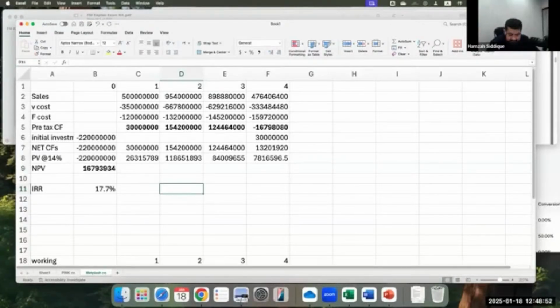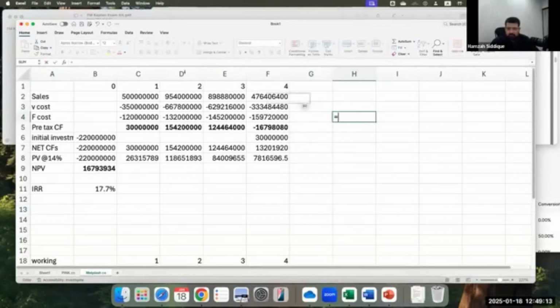Next, the next requirement is payback period. Very easy to calculate. So simple. I will here copy.